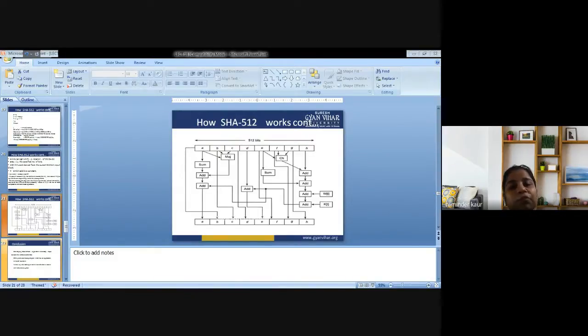It is a very huge algorithm. So this was about the SHA algorithm, in which we are supposed to operate at least 80 steps.